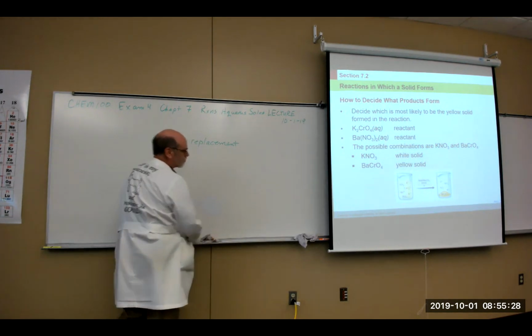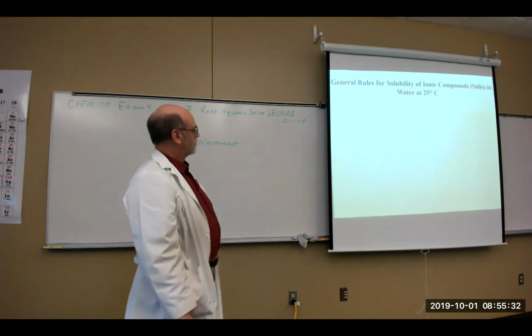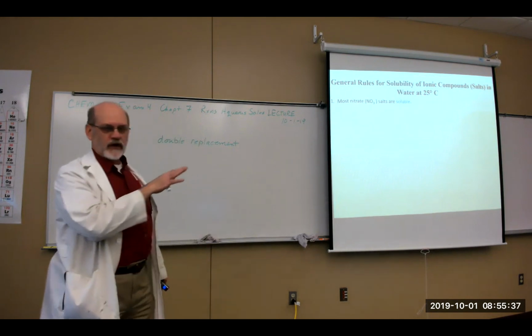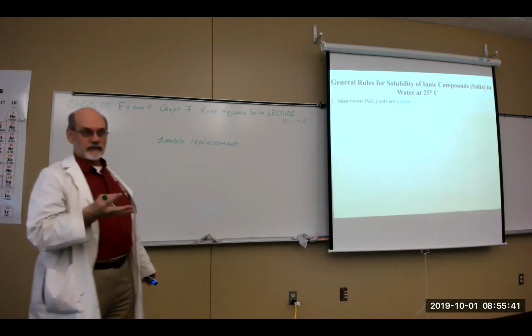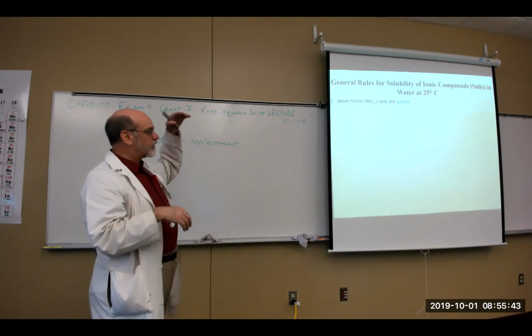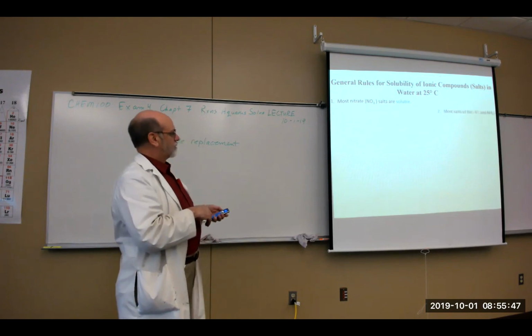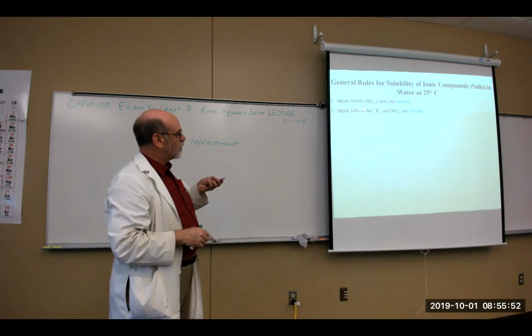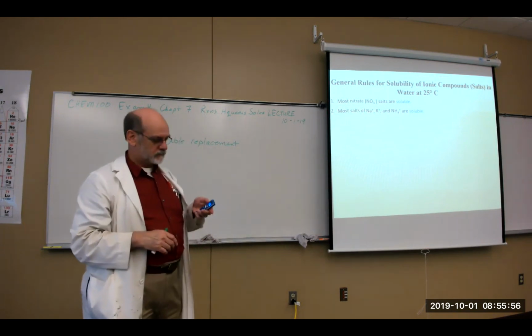Okay. So where are we going with this one? Talking about solubility. Now these are the rules for solubility, and I'm not going to make you memorize it. But if you ever use them, they're in order for a reason. Right? Yeah, all nitrates are soluble. Most sodium, potassium, and ammonium compounds are soluble.